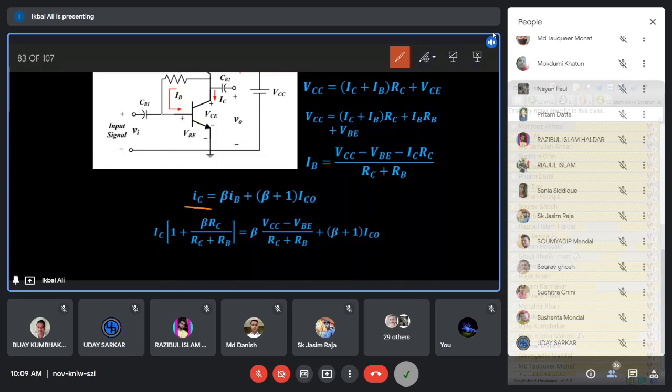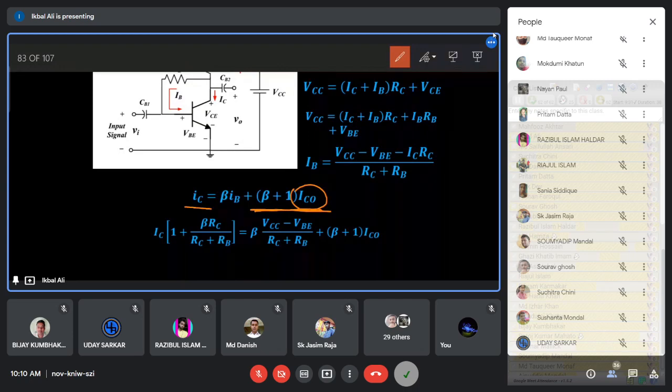This is the exact equation for the collector current in terms of the base current, if you consider the reverse saturation current ICO in the reverse biased base collector junction. The second term of this equation is very small, because ICO is of the order of nanoamperes.